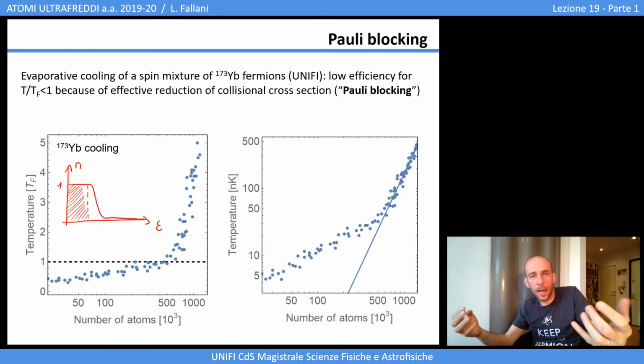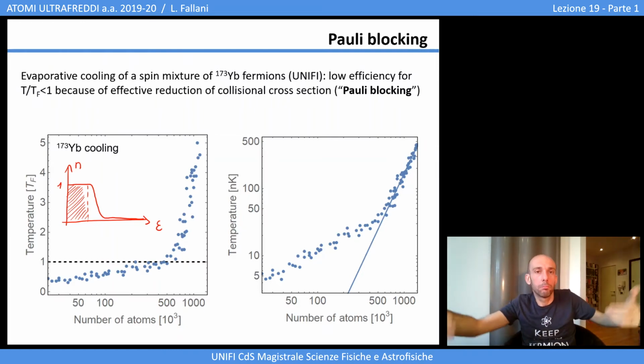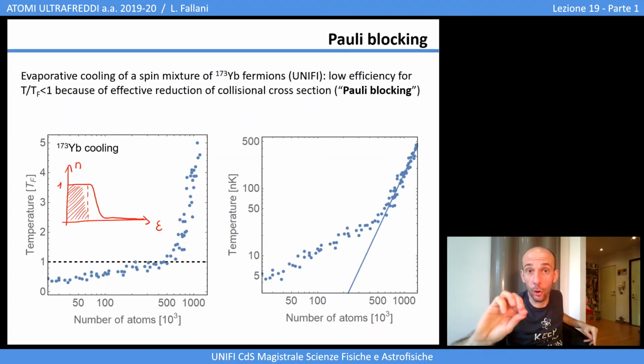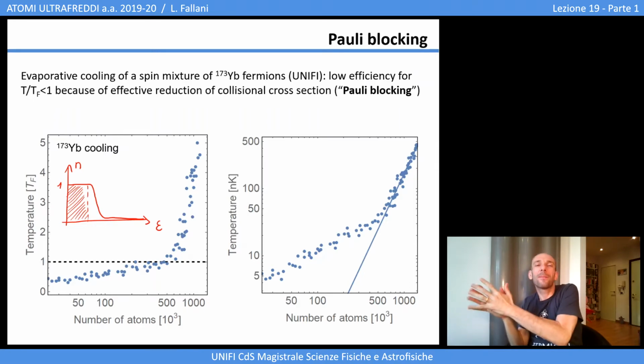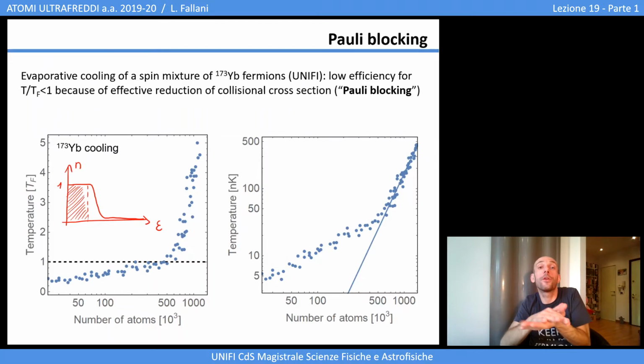In a classical gas, two particles can scatter into whatever final states you want, because these states will be available, because in a classical gas the occupation of the levels is much less than 1. But here, you have some states which are forbidden for the scattering process, because they are already occupied.